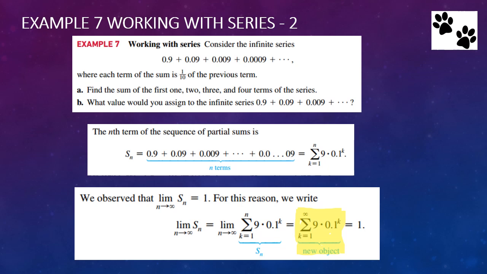When we look at the series from example 7, we can see that S sub n, the sum of the terms we were given, is equal to the summation from k equals 1 to n of 9 times 0.1 to the k, because each term is 1/10 of the previous term, and if we start with k equal to 1, that creates the first term, which would be 0.9.